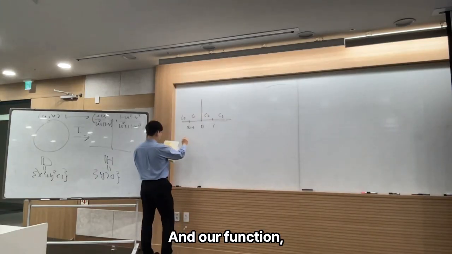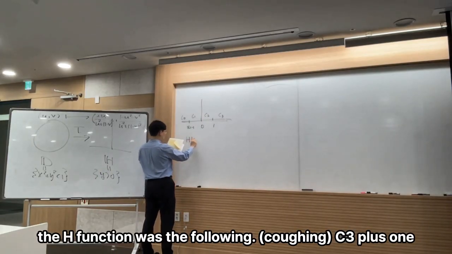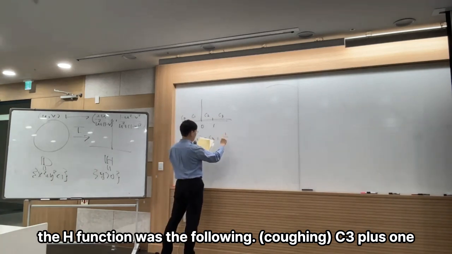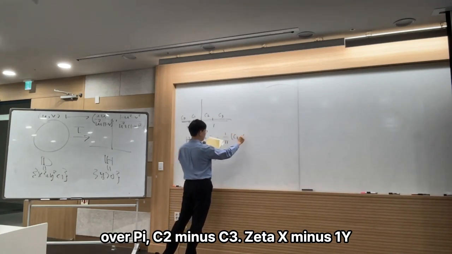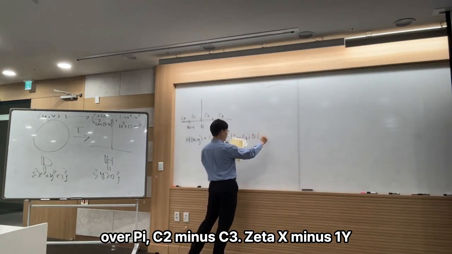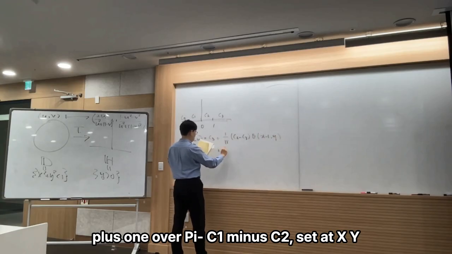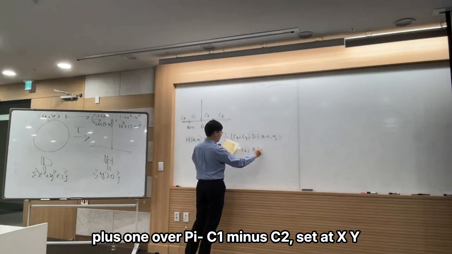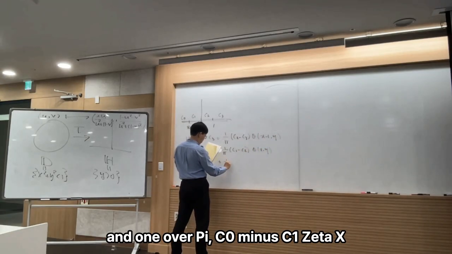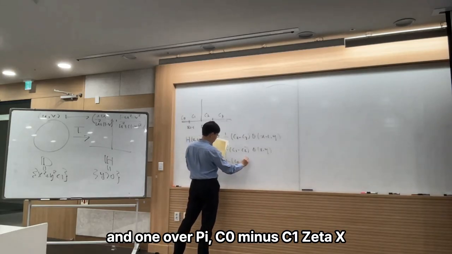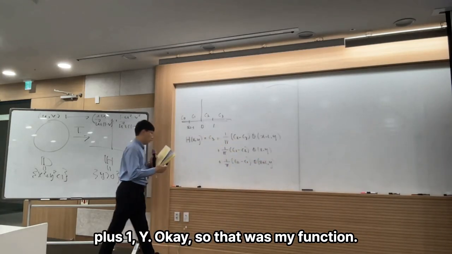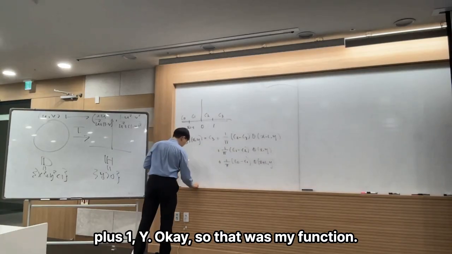And our function, the H function, was the following: C3 plus 1 over pi, (C2 minus C3) theta(x minus 1, y), plus 1 over pi, (C1 minus C2) theta(x, y), and 1 over pi, (C0 minus C1) theta(x plus 1, y). Okay, so that was my function.